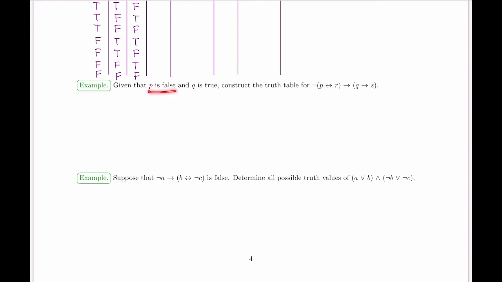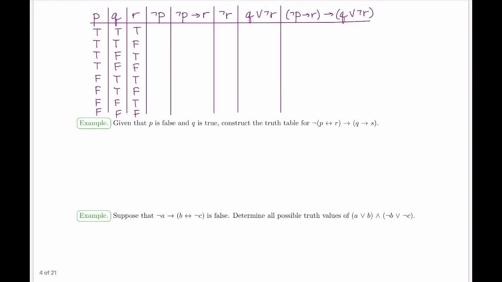And this additional information is probably useful. So here I'm given that P is false. So I don't need to construct the truth table where P is potentially true because it won't be necessary at all. And I'm also told that Q is true, so I won't need to consider any of the cases when Q is false. So this will reduce my truth table quite significantly.